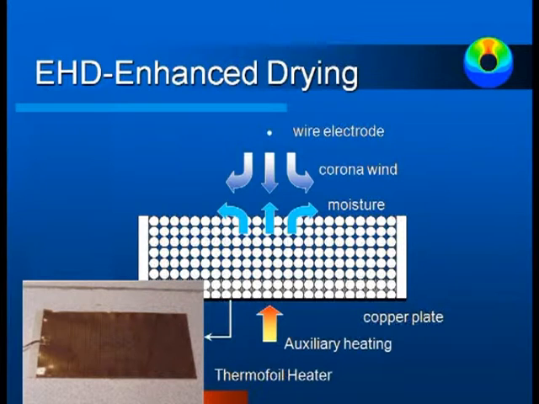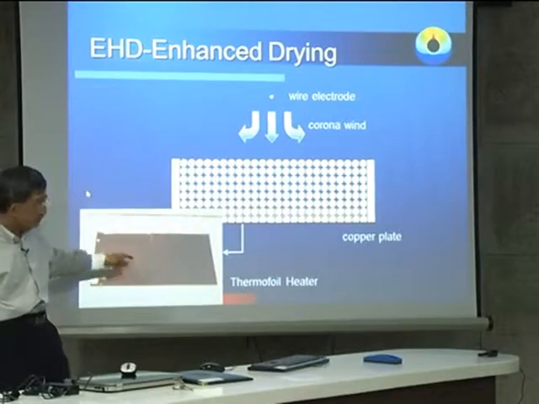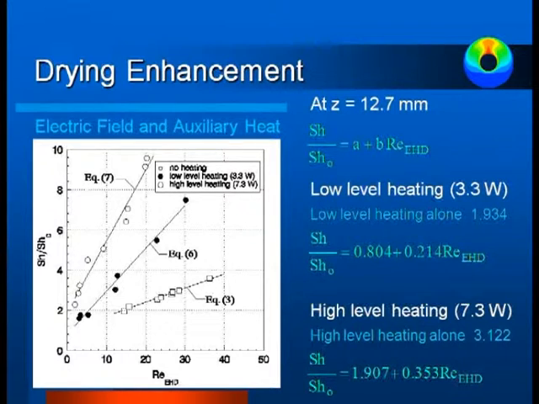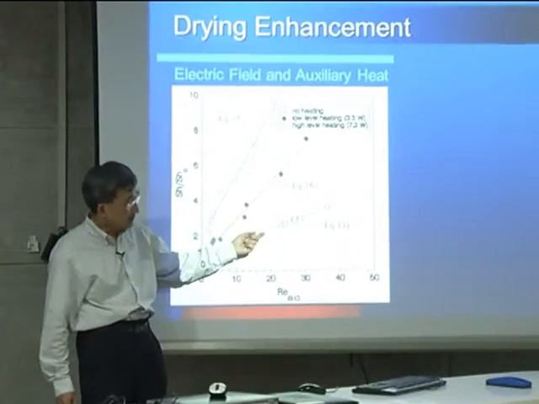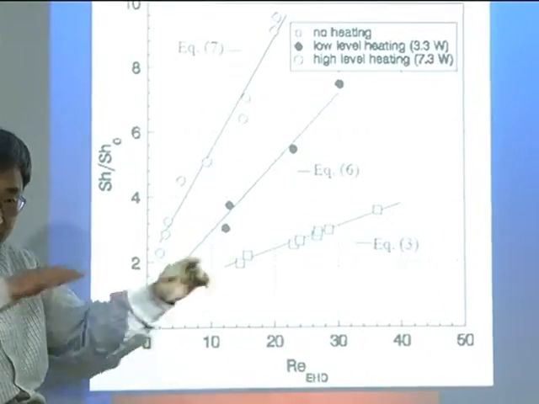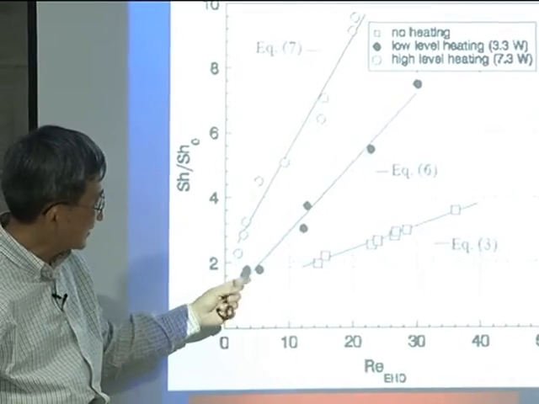All right, so the corona wind is effective on the surface. Then we use the heater from below to get the moisture out, and this is the result. If we don't use a heater, you can see that the slope is not as steep because, as I mentioned, corona wind cannot penetrate; it remains on the surface.